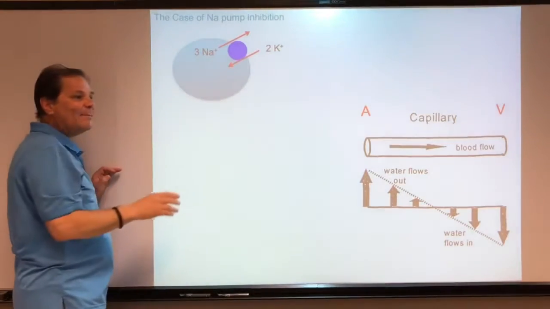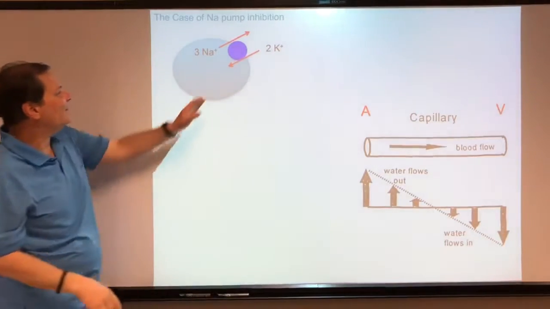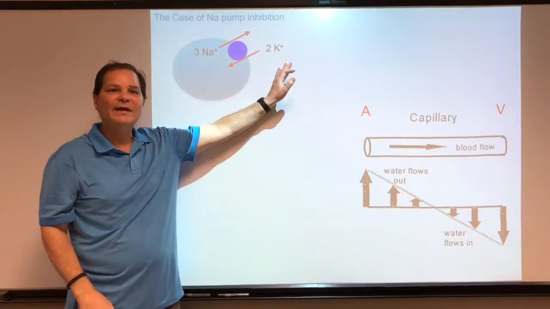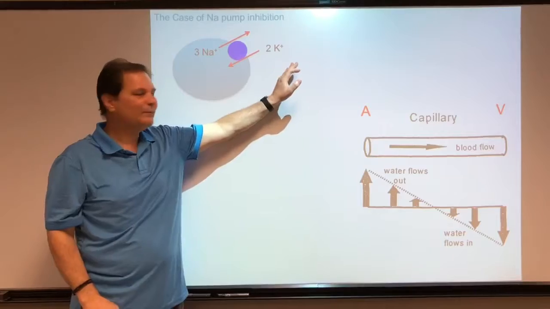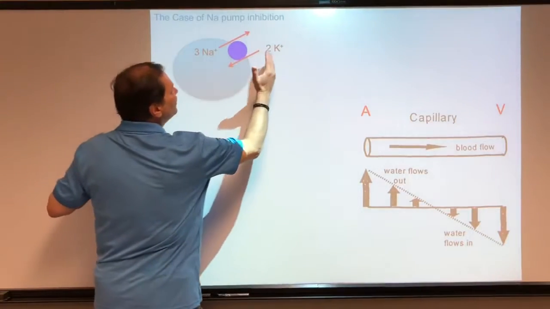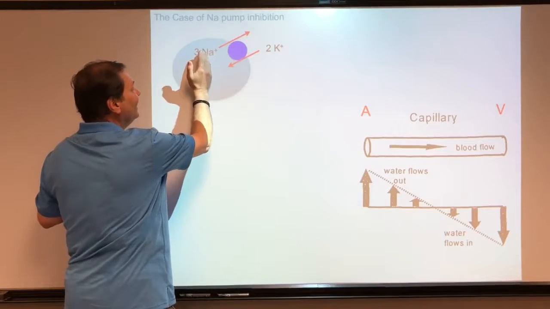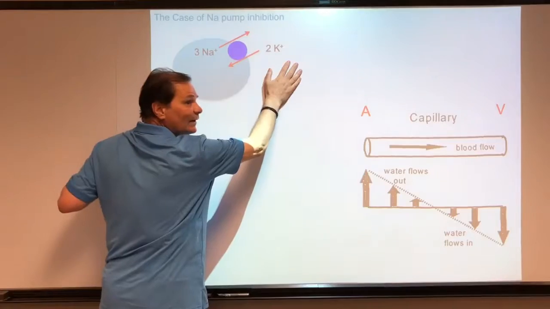And as that happens, the osmolarity increases. Well, if the osmolarity is increasing here, and it becomes greater than the osmolarity on the outside, cells can't stand water gradients. So in response to that, water is going to move from outside to inside. And it's going to do that in order to keep the osmolarity the same here as it is here.